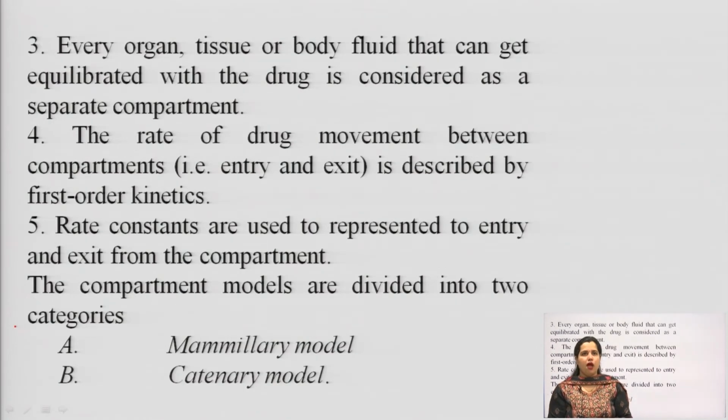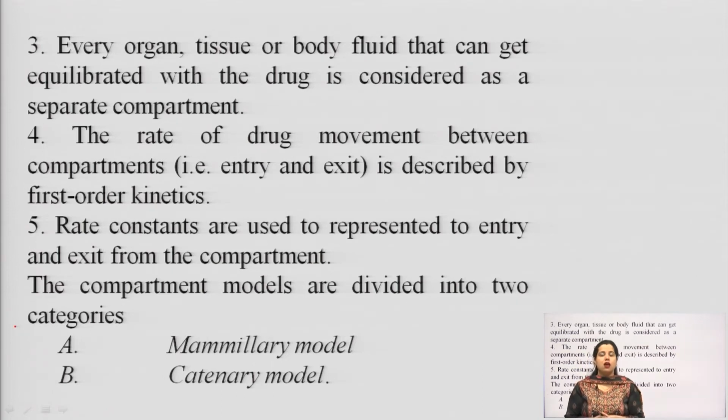So, every organ, tissue or body fluid that can get equilibrated with the drug is considered as a separate compartment. For example, the central compartment here is your blood compartment and the associated peripheral compartments are separate compartments. The rate of drug movement between compartments, that means entry and exit from the blood compartment to the peripheral compartments, is described by first order kinetics.